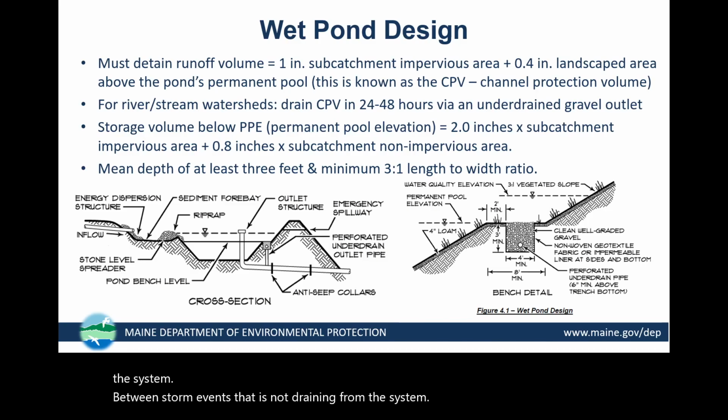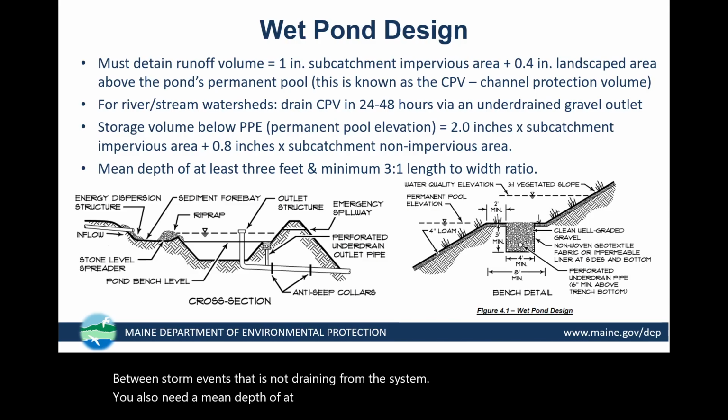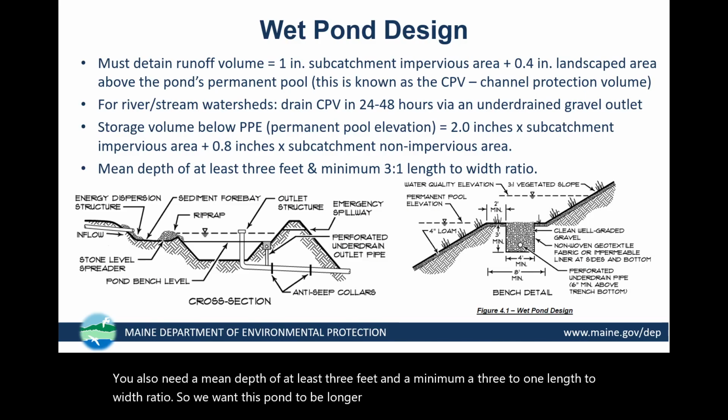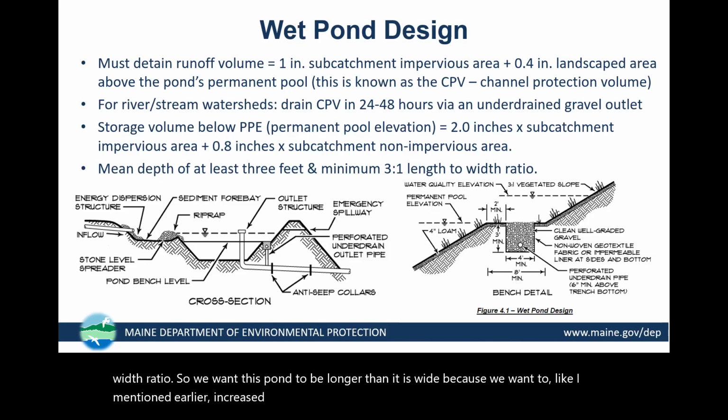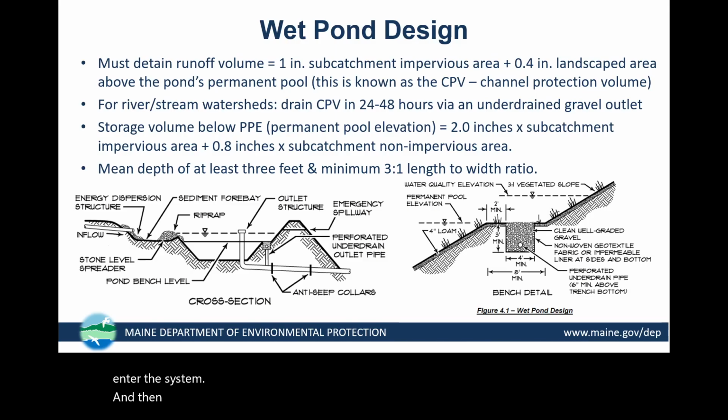You also need a mean depth of at least 3 feet and a minimum of a 3-to-1 length to width ratio. So we want this pond to be longer than it is wide because we want to, like I mentioned earlier, increase the residence time, increase the time it takes for stormwater to enter the system and then travel through the pool to leave the system.